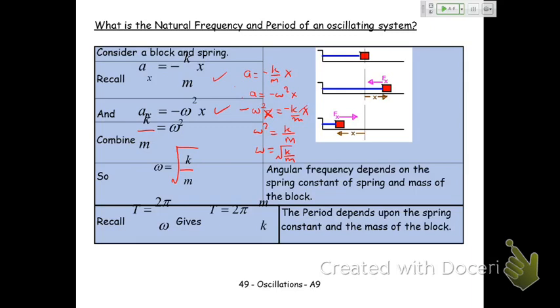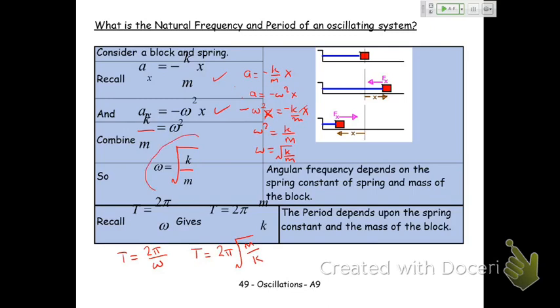And then I can play some games, and I can say, well, hold on. If T, the period, equals the number of radians in a circle divided by the angular frequency in radians per second, then T is equal to 2 pi divided by omega, and omega is the square root of K over M. I'm dividing by that, so I'm going to get square root of M over K. So there's a little bit of a rub here.